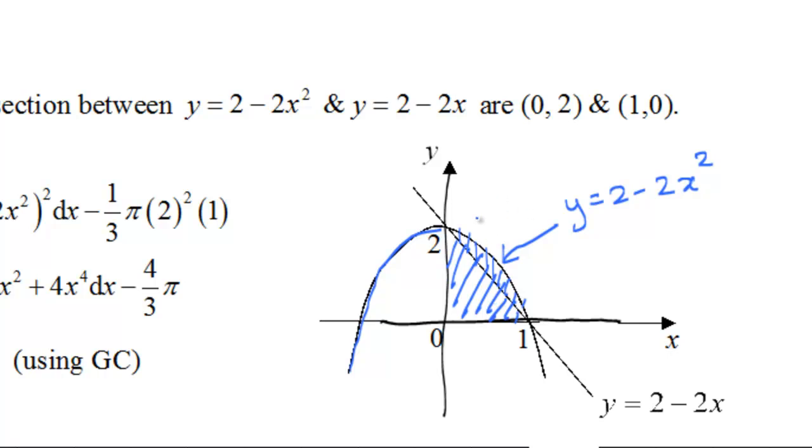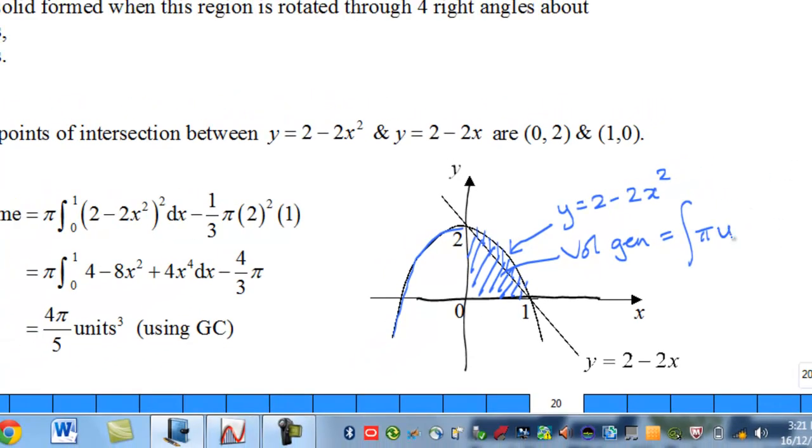So firstly, the volume generated by this whole region here that I've shaded. This region is bounded by the curve y equals 2 minus 2x squared and the x-axis. We know from earlier lecture that the volume generated will be equal to the integral of pi y squared dx, where the value of x is from 0 to 1.